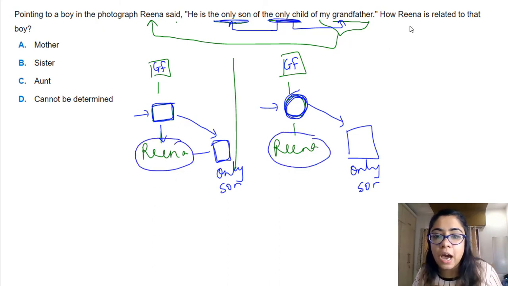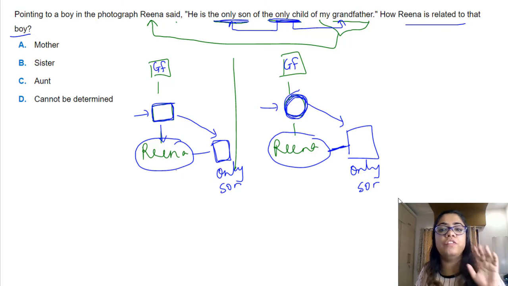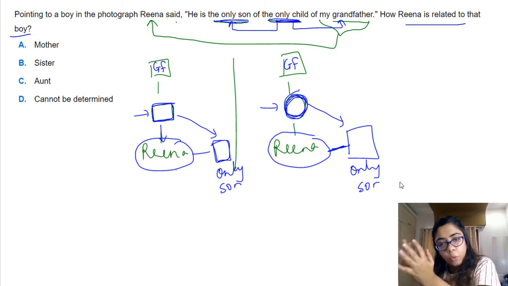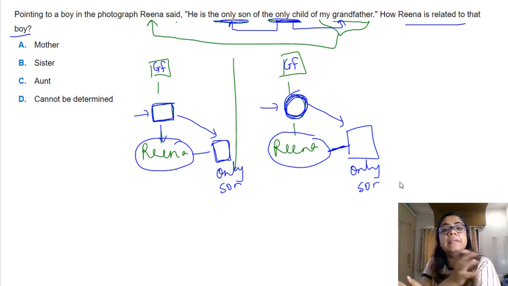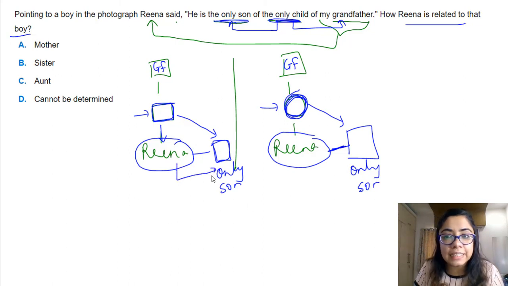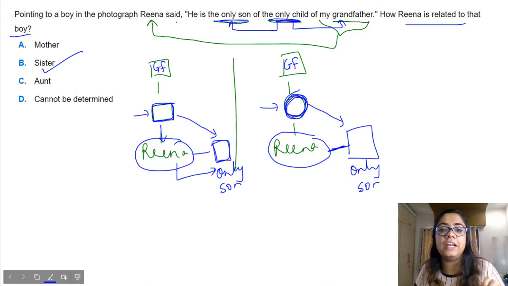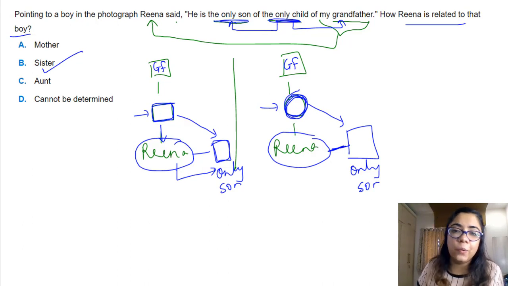The question is, how is Reena related to that boy? In both the cases, Reena becomes the sister of that boy because he is the only son, इकलौता बेटा है, but there can be multiple daughters, many daughters. Reena is one of them. So Reena is definitely the sister of that child. ठीक है? I hope this is clear.